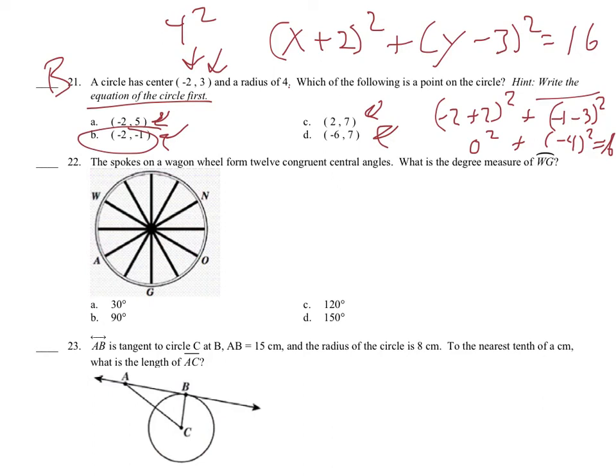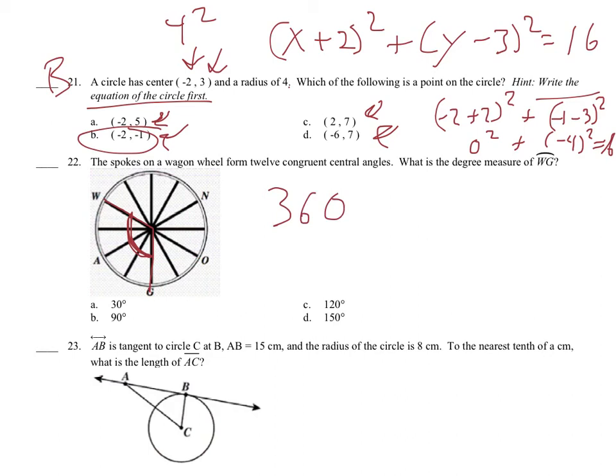Okay, we have a wagon wheel here, 12 congruent triangles. What's the degree of WG? Look at WG here. It is that angle right there. So what I need to do is figure out what each central angle is. Well, one full circle would be 360 degrees, correct?